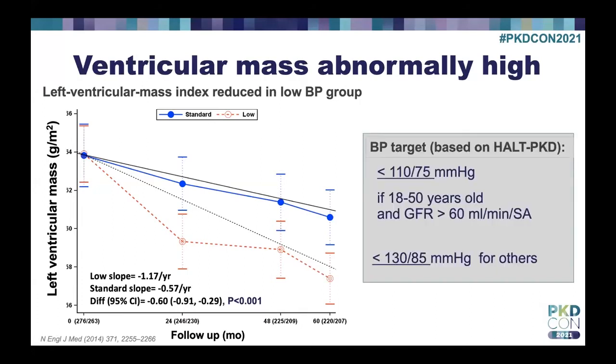So this is why the current recommendations for blood pressure targets in patients with ADPKD are less than 110/75, which a lot of primary care physicians may not know about, if the patients are aged 18 to 50 years and their renal function is relatively preserved with GFR more than 60. For everybody else that doesn't fall into this category, we consider a blood pressure target less than 130/85.